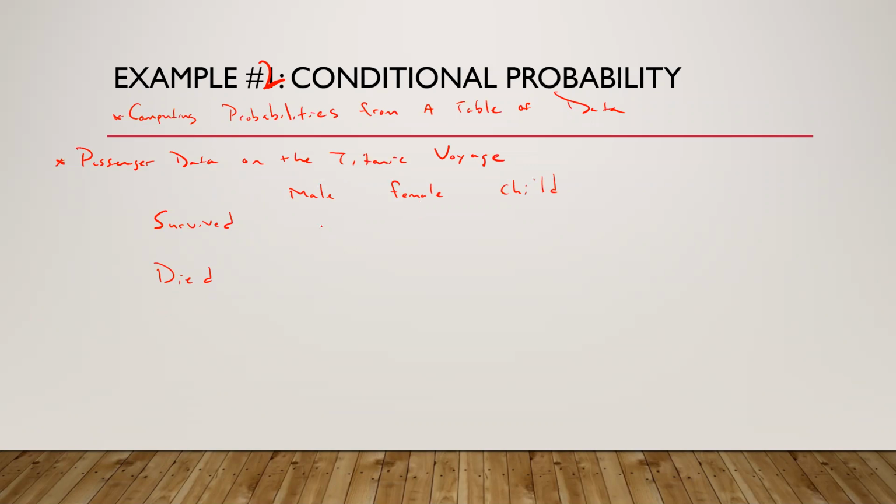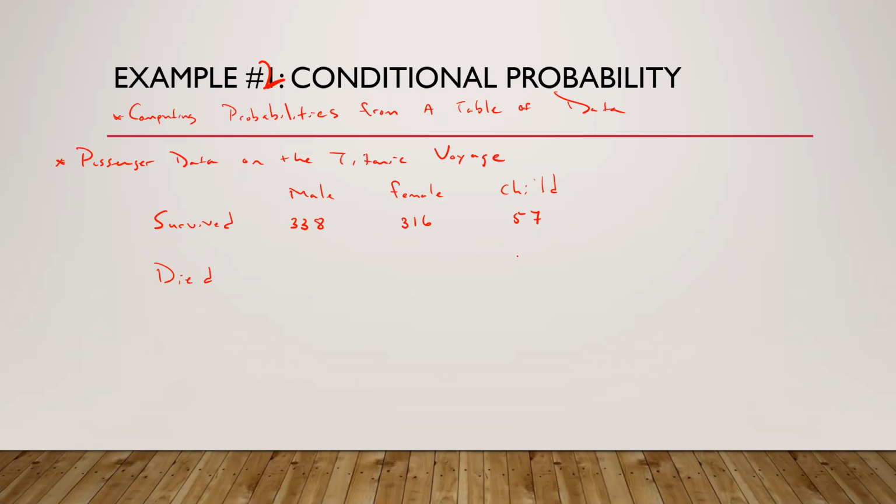All right, so the number of people who survived the Titanic. There were 338 males who survived, 316 females who survived, and 57 children who survived. Okay. Let me give you the macabre numbers here, the morbid numbers.